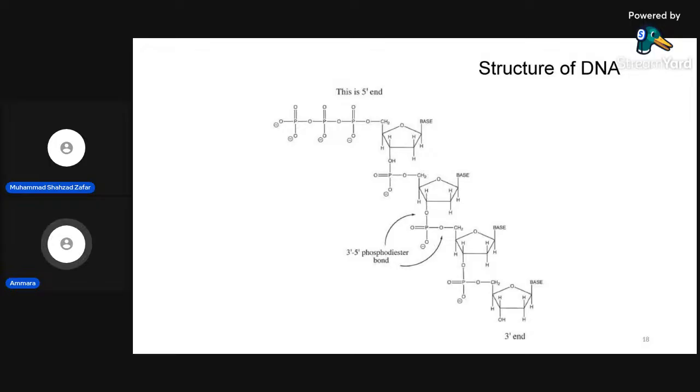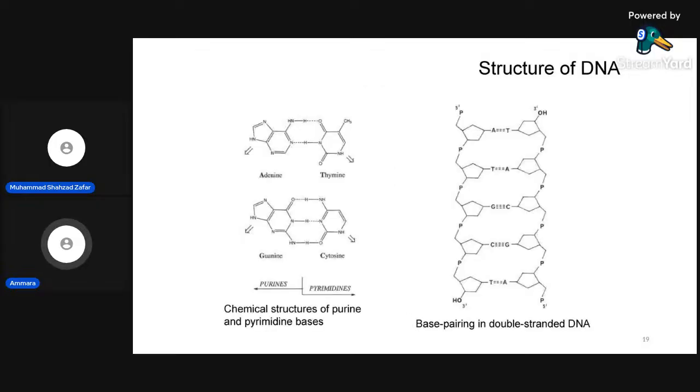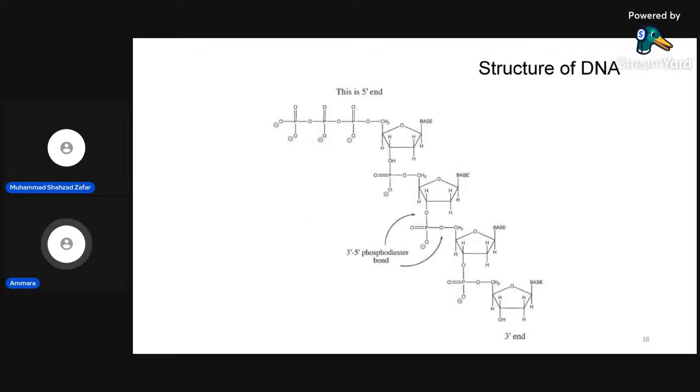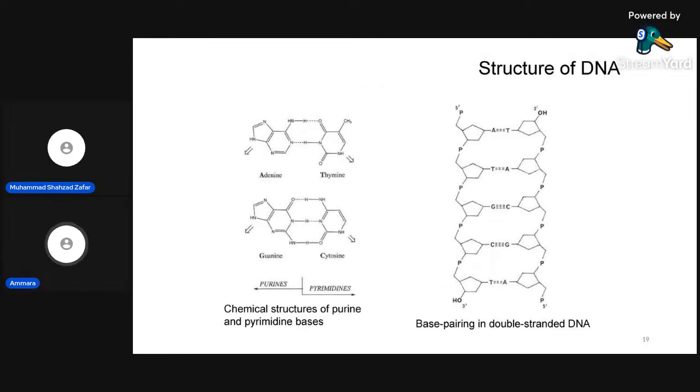So what are the different components that are involved in the structure of DNA? Pentose sugar, that is ribose. Four types of bases are involved in the formation of DNA: adenine, guanine, cytosine, and thymine. So basically, the whole strand of DNA comprises three components.